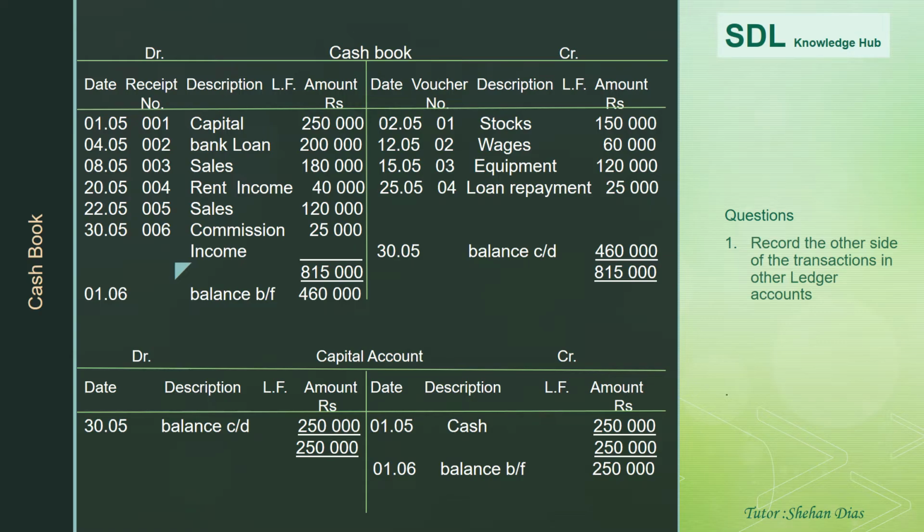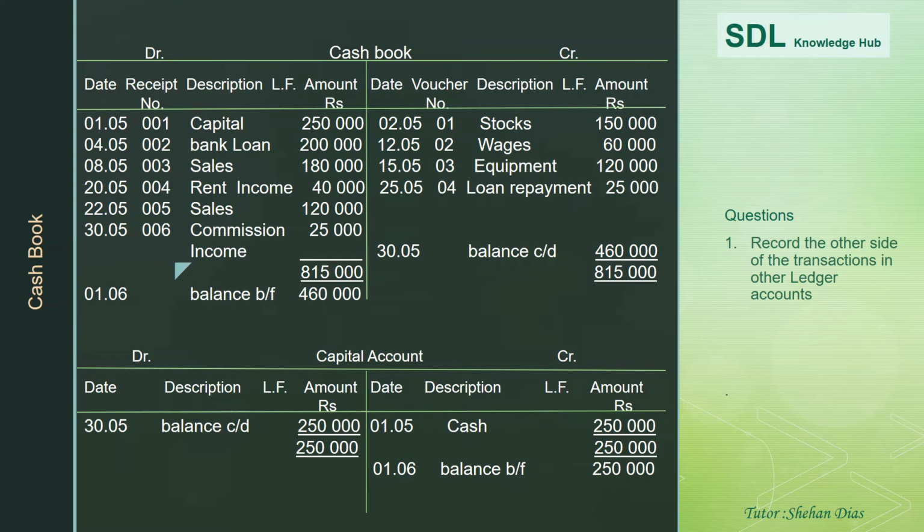The next transaction, bought stock of goods for 150,000. So cash book will be credited because cash is going out, saying stocks. Then the stocks account will be debited for 150,000. Obtain a bank loan of 200,000. So money coming into the cash book, asset increasing, so it's debit.